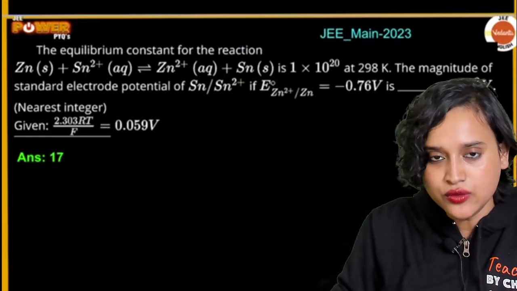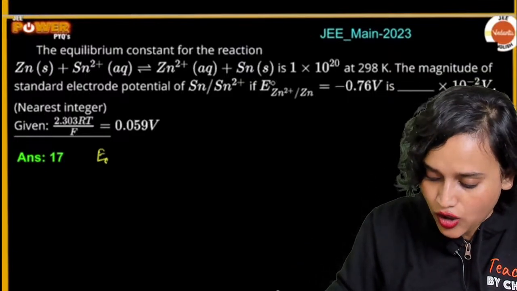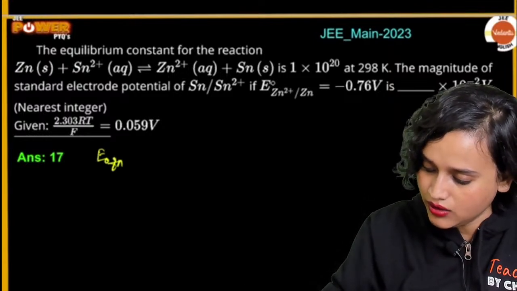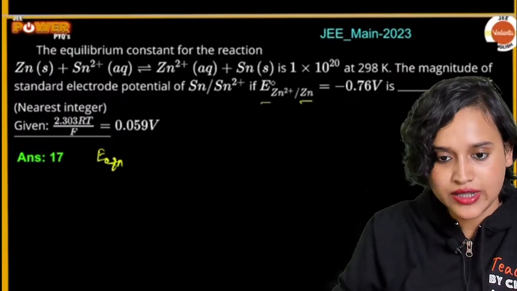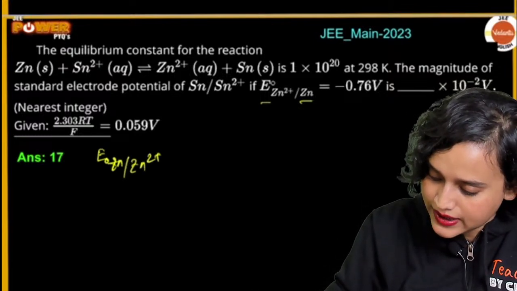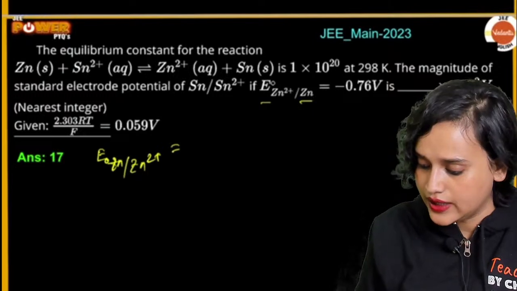Now, what is given to you? It is given to you that E naught Zn2+ to Zn, right? So we will write it as Zn to Zn2+, that will be equal to 0.76.